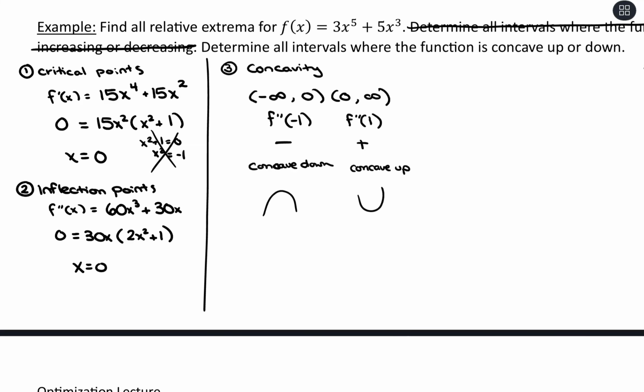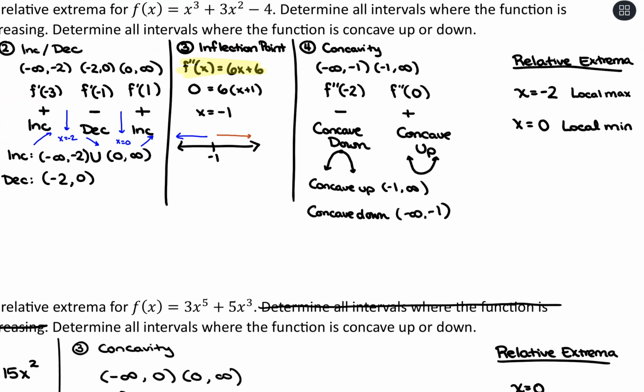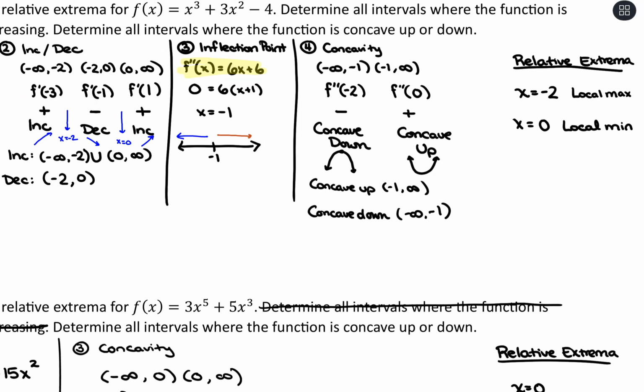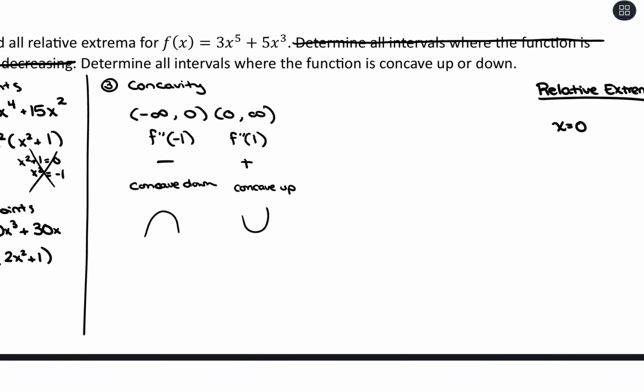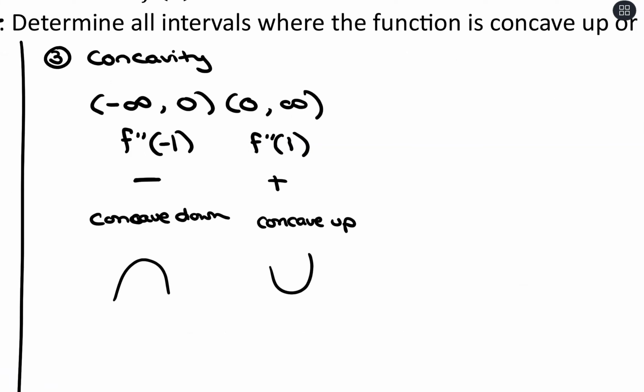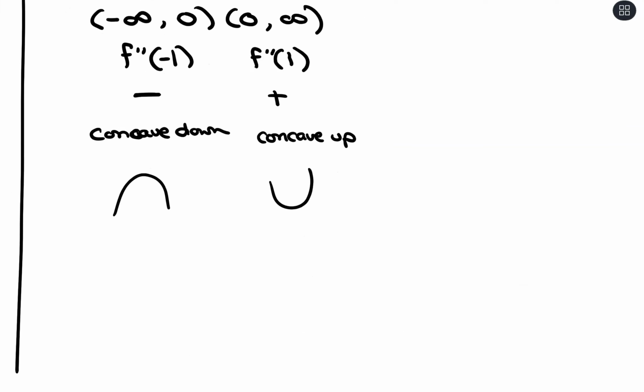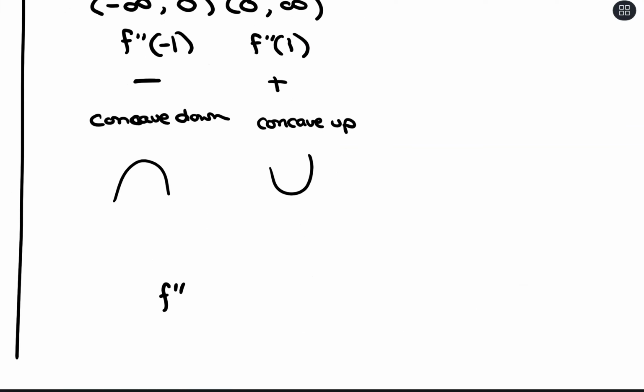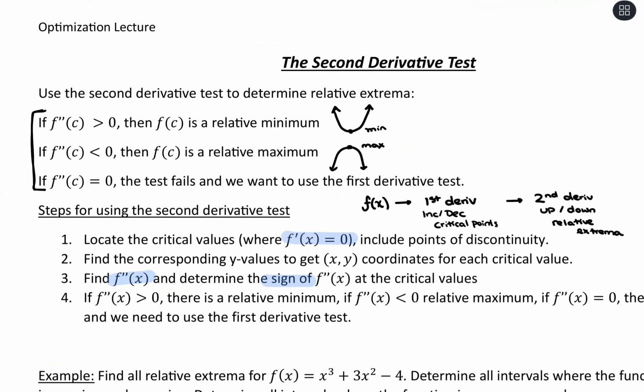So something I'm going to notice here, like I was talking about up here, like I tried to plug in those critical points. I can't do that here because 0 is not being included. I couldn't plug in 0, because if I try to evaluate the second derivative at our critical point, I'm just going to get 0 out. So this is the case that we want to be careful of.